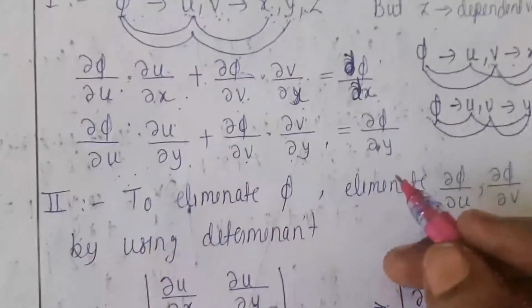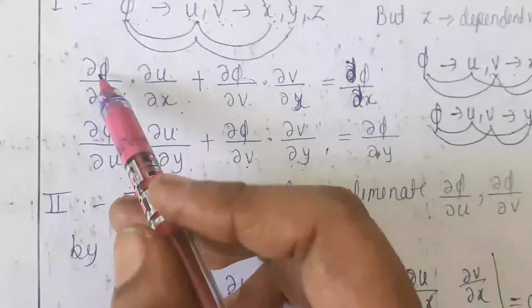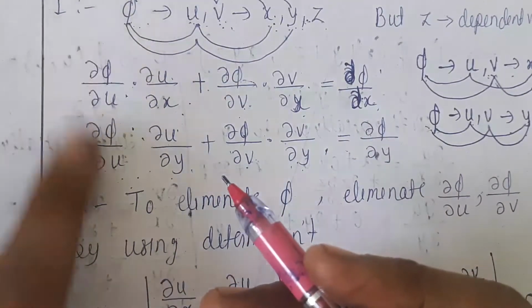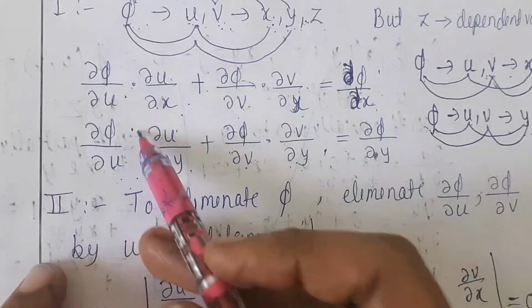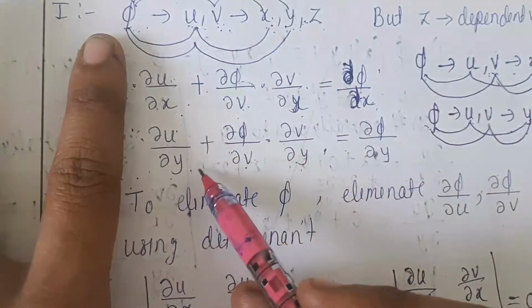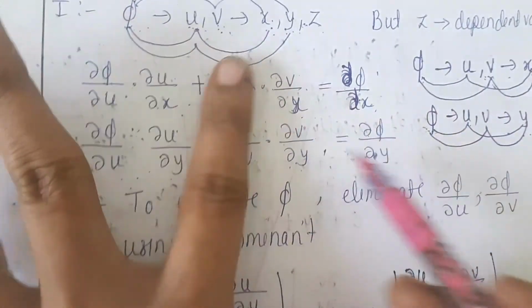Now to eliminate phi from these two equations, we use the determinant procedure. To solve the simultaneous equations, what are the coefficients of del phi by del u and del phi by del v? The coefficients of del phi by del u are del u by del x, del u by del y. The coefficients of del phi by del v are del v by del x, del v by del y.